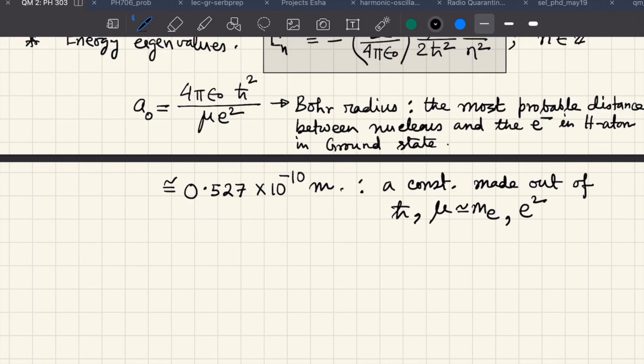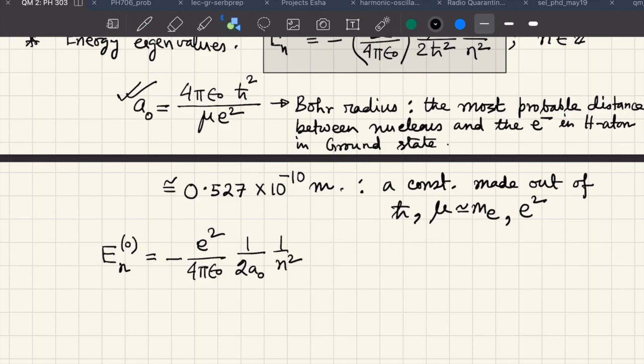So in terms of this Bohr radius, you can write down this E n naught in the following manner. This should be minus e square by 4 pi epsilon naught into 1 by twice A0 into n squared. So this is also another expression which might need our attention at some later stage.